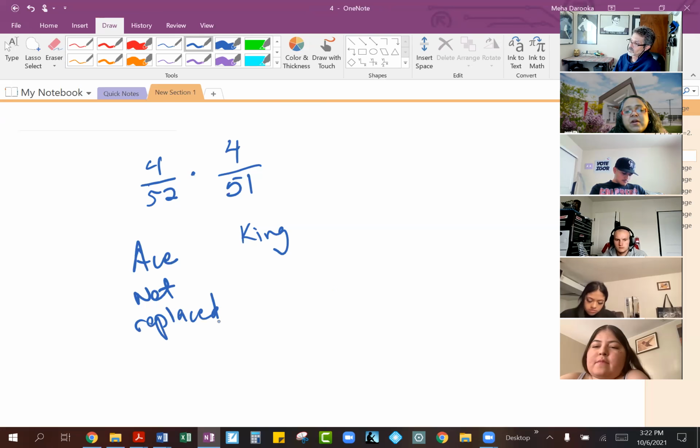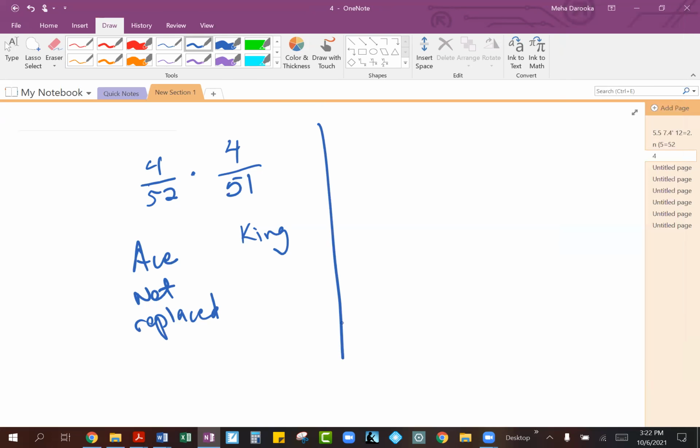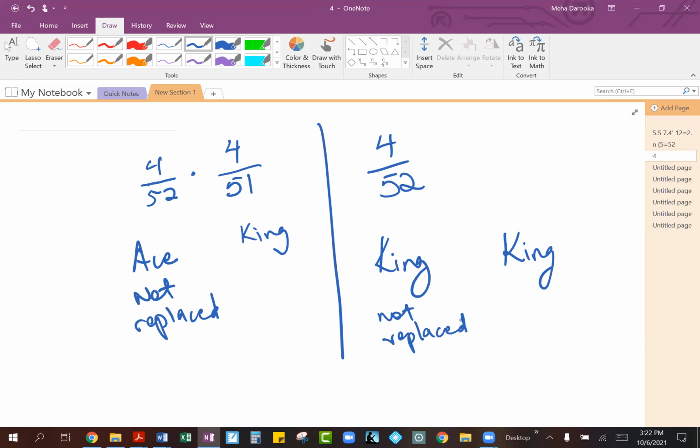However, if you were drawing kings on both the first and the second draw, that would affect your probability. For the first one, yes, we have a full deck of cards and all 4 kings. Now, you again are not replacing the card. But now we're saying, what if this card was a king?